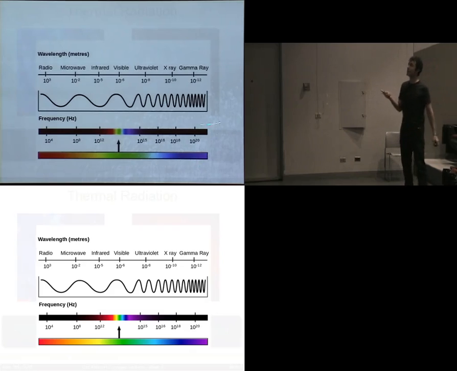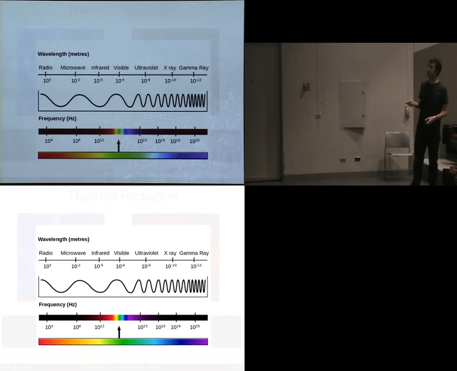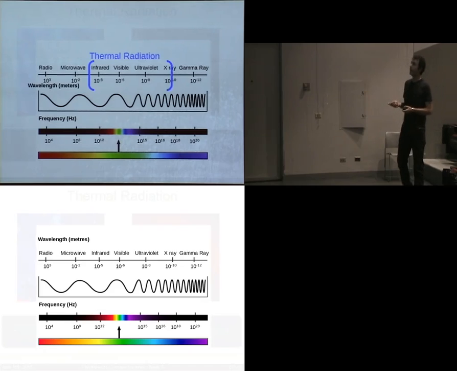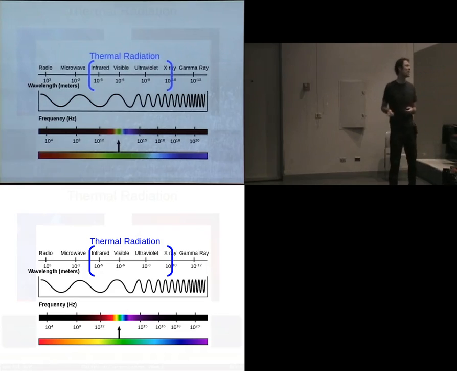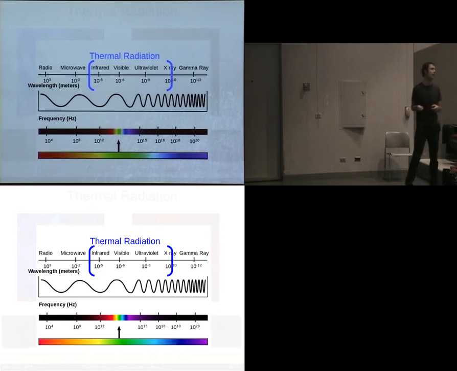But anyway, this is what we call our electromagnetic spectrum. The thermal radiation that we're used to happens mostly in this regime right here. So hot stuff makes infrared and visible light, ultraviolet, and some X-rays, but it doesn't really make gamma rays. Thermal radiation also extends into the radio and microwave, but that's not typically how we make radio and microwave photons.